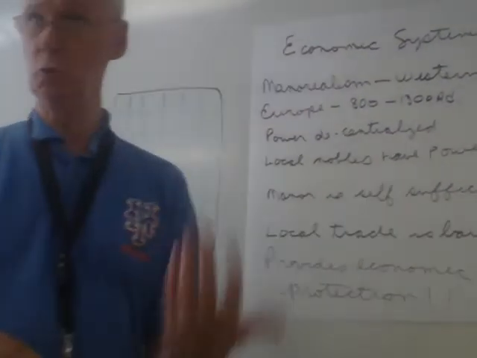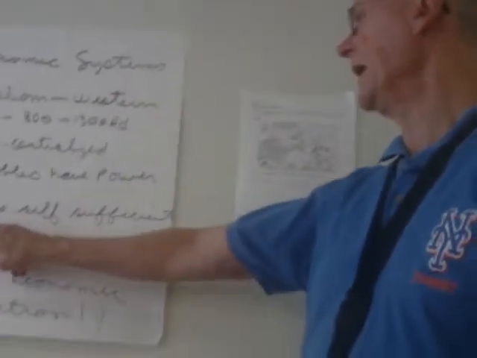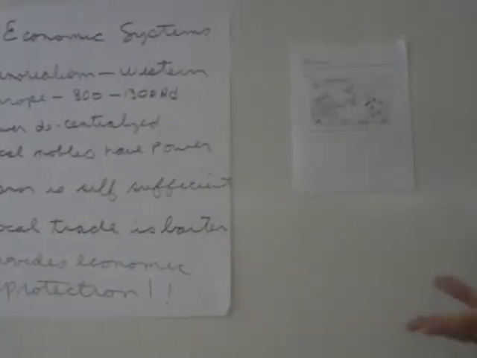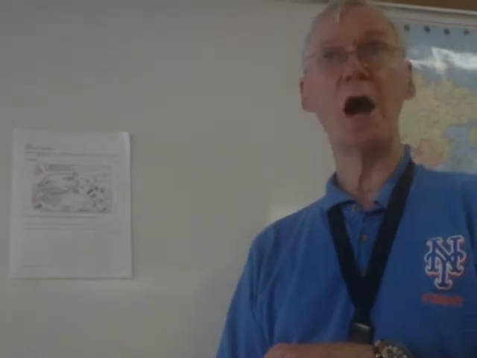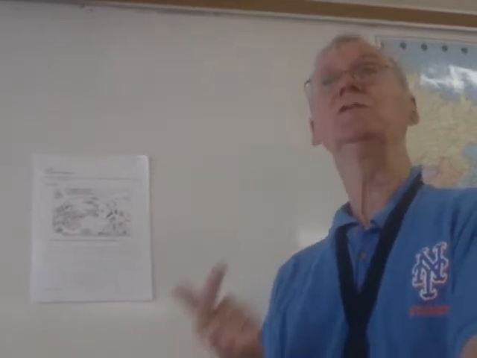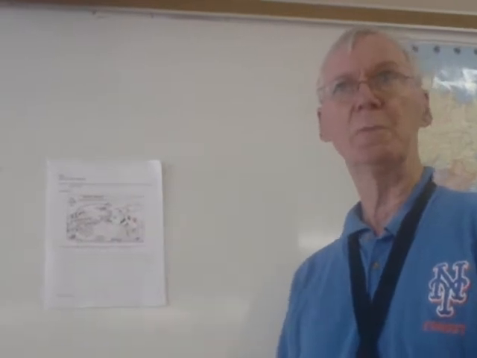But we're talking about economic systems here. And economics has to do with providing the food and jobs that were necessary for people. And the manor was self-sufficient. Self-sufficient meaning whatever you needed, food, you could get on the manor. If you needed a place to get some wine, to get fruit, to get bread, to get a wagon built, to get wheels built, you would find them on the manor.